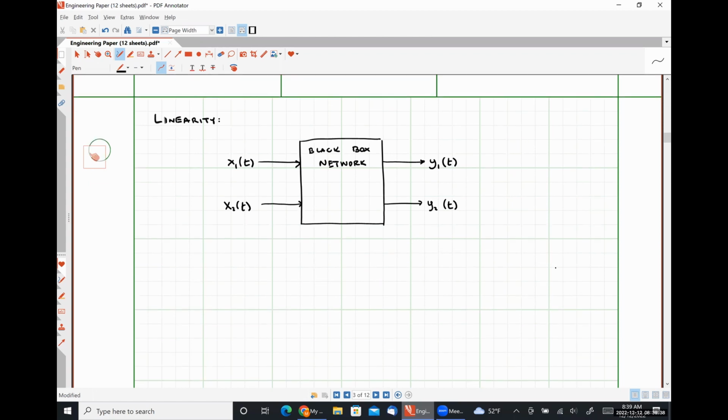So if this system is linear, or this network is linear, the system response or output must satisfy the following relationship.